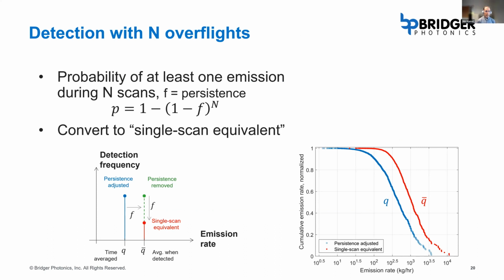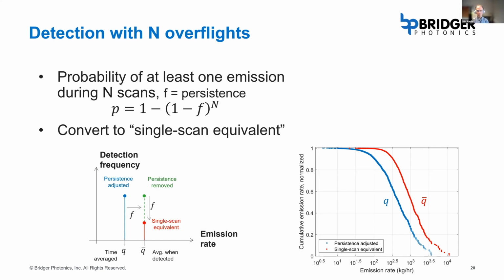Another thing that we need to align is how to treat the number of overflights. As I mentioned, GML was essentially a single scan, whereas Carbon Mapper was highly multi-flight. To give a feel of the significance here, say that you have an emitter that emits half the time, and you fly over it twice.